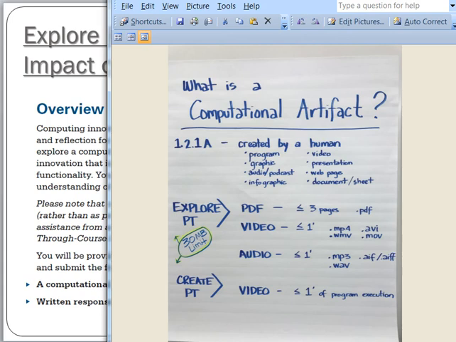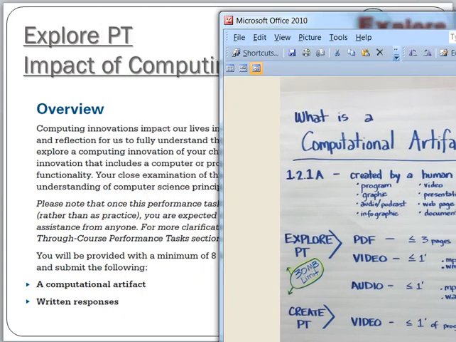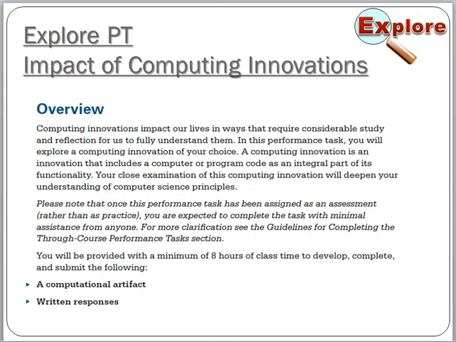My recommendation to you is that you select an innovation that you can personally interact with, visit, or experience. For example, if you wanted to do Snapchat or Instagram as your innovation, then it would be a cool thing if you showed how to use Snapchat or Instagram and showed how they function.